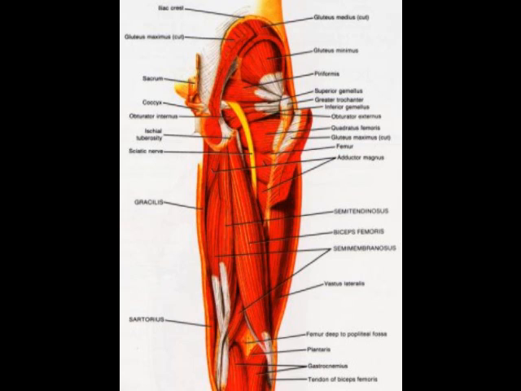And then you can see the gluteus medius, which is basically part of your buttocks muscle there, and gluteus minimus, which are also parts of your buttocks muscles. And then below that, the piriformis muscle. To the left, you can see the sacrum, the middle bony part of the pelvis.